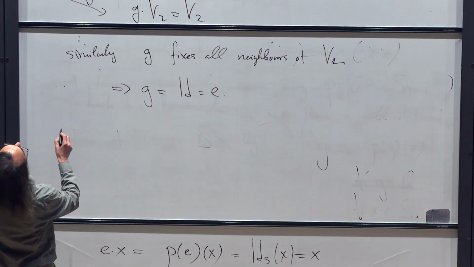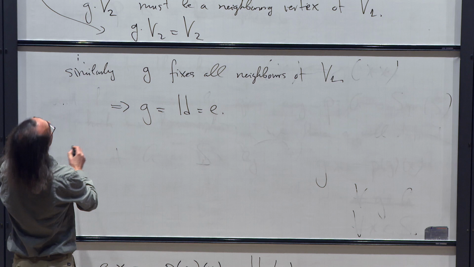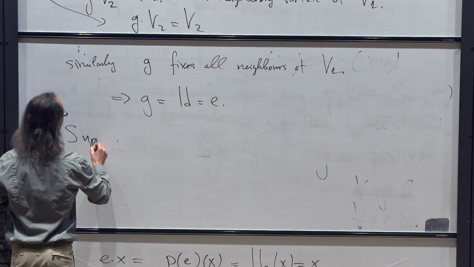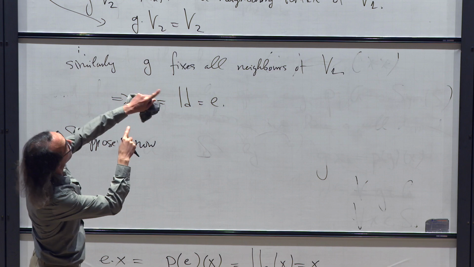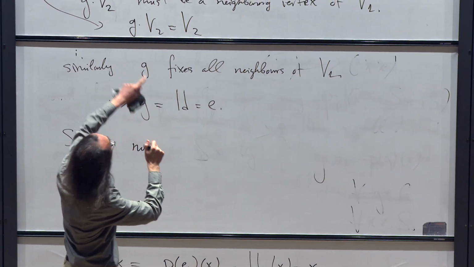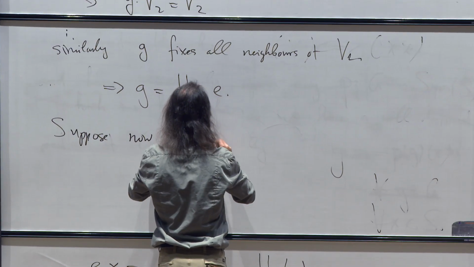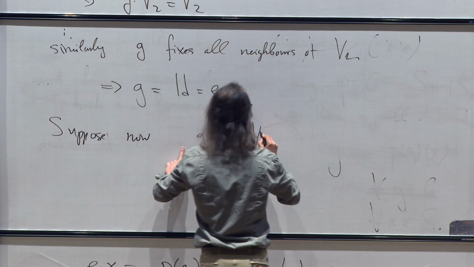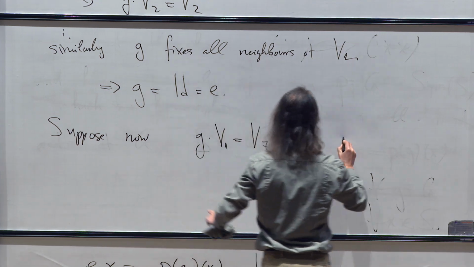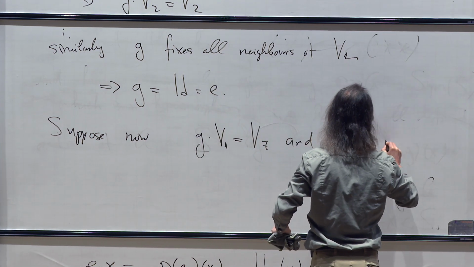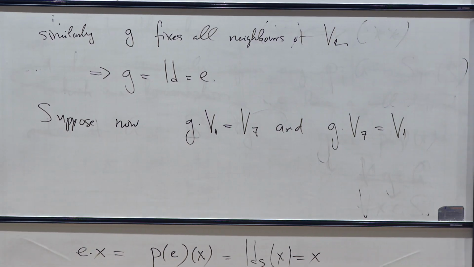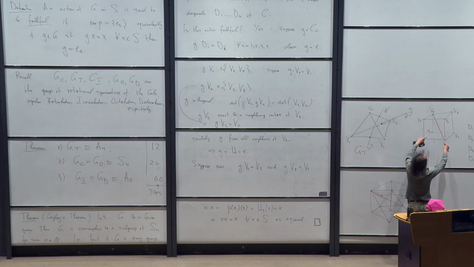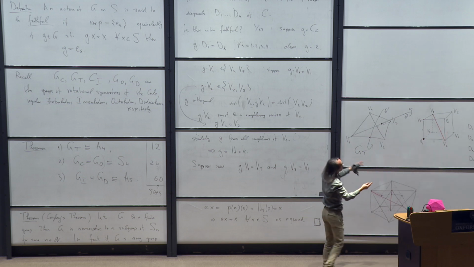And case 2 was, suppose now that G swaps V1 and V7. G sends V1 to V7, and of course this means that G must send V7 to V1, right? So G flips this diagonal. But then again we look at the neighbor.